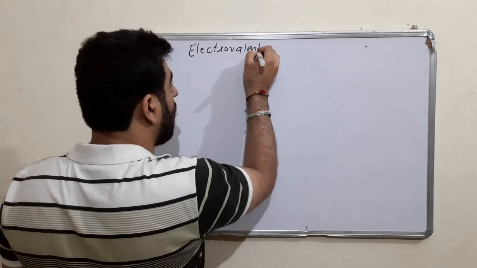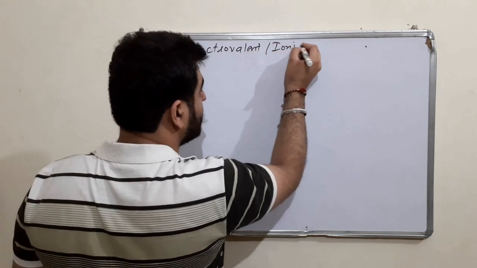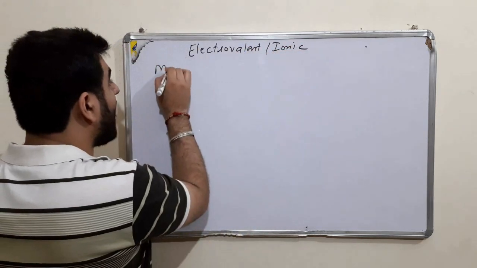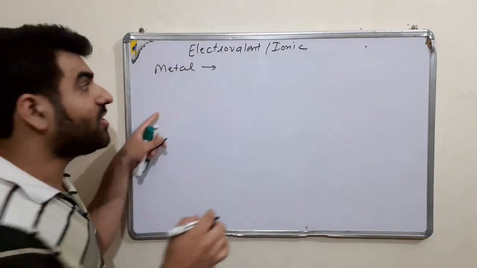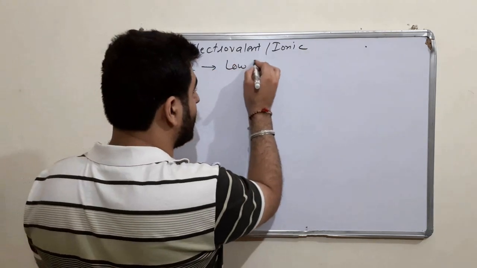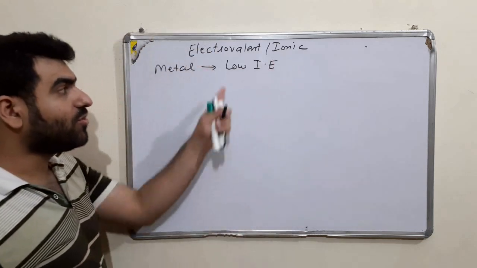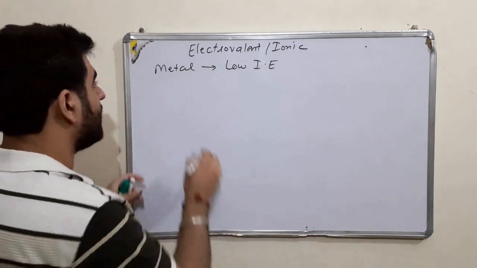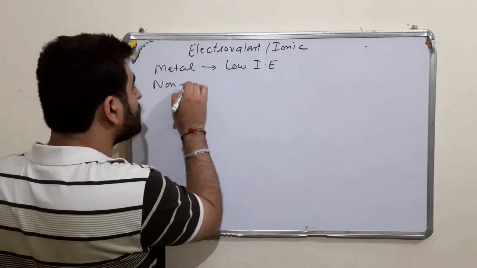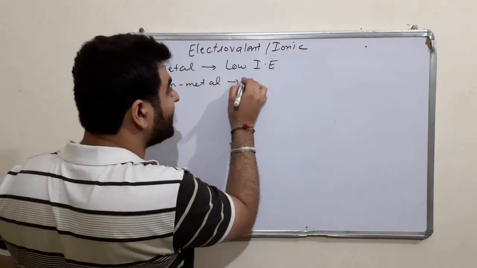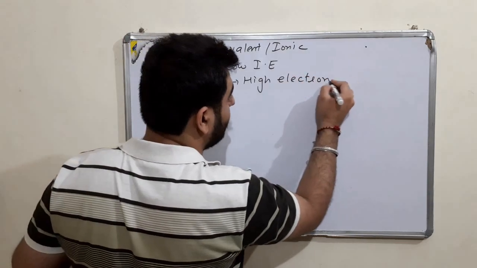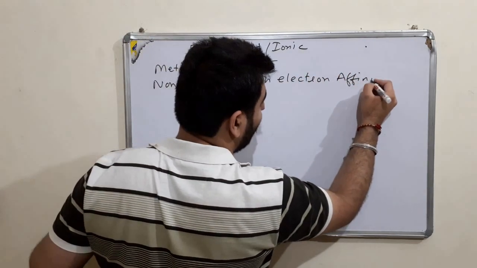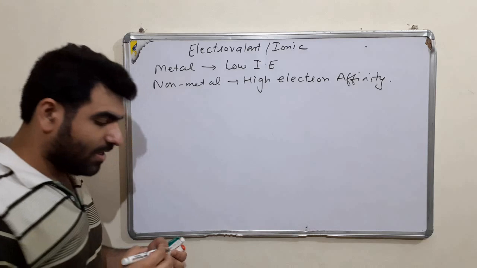In an electrovalent or ionic bond, we have discussed that we'll have to choose an element which has low ionization energy, and the other element which has high electron affinity.